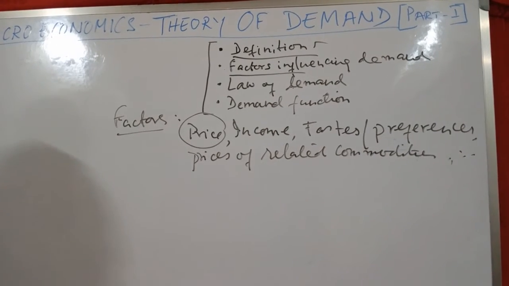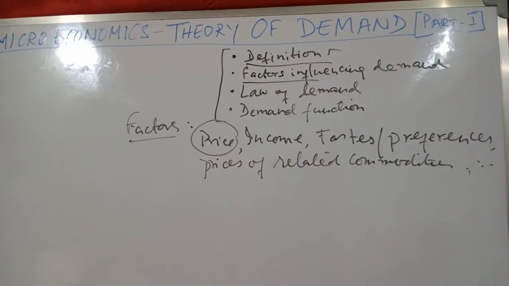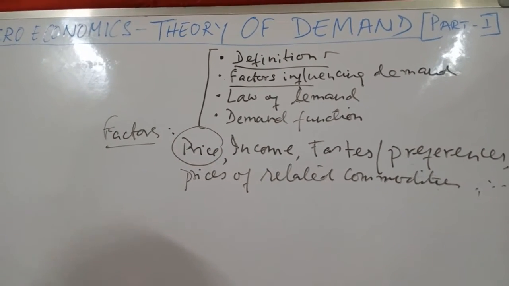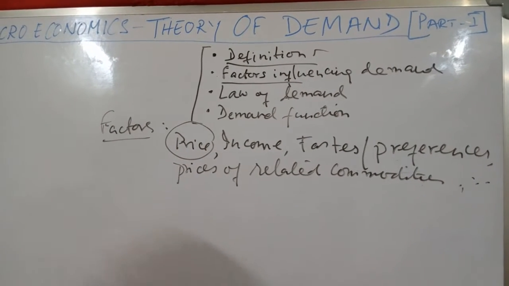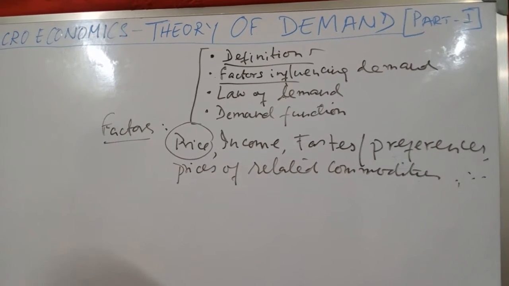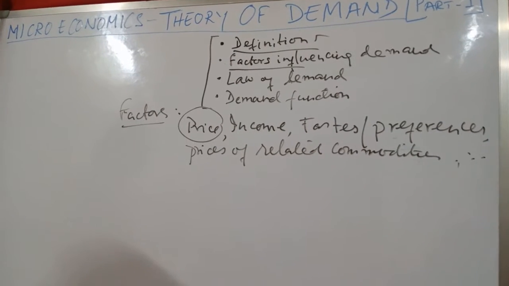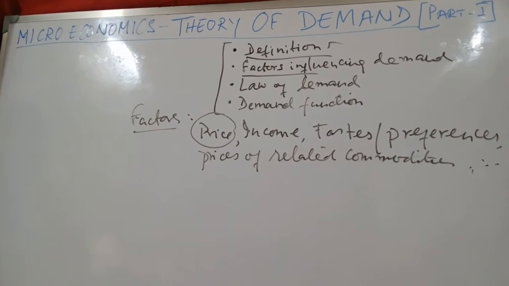And in case of complementary goods, say for example car and petrol, in these cases, if price of car increases, quantity demanded of petrol will fall, because as price of car increases, quantity demanded of car will fall.